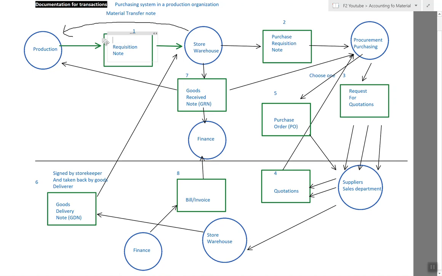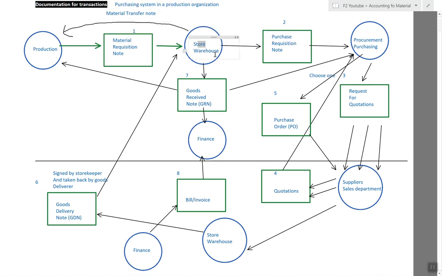If we remove the word material, just requisition note would be a document that is used to ask for anything from any department. So if something exists in another department, let's say there's a printer, you're working in the sales department, there is an extra printer in the finance department, you are requesting that, you will do that through a requisition note. So material requisition notes are specific and requisition notes are general.